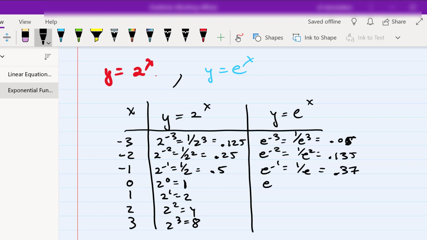Then e to the 0, anything to the 0 is just 1. e to the 1 is approximately 2.7. e squared is 7.4, and e cubed is 20.